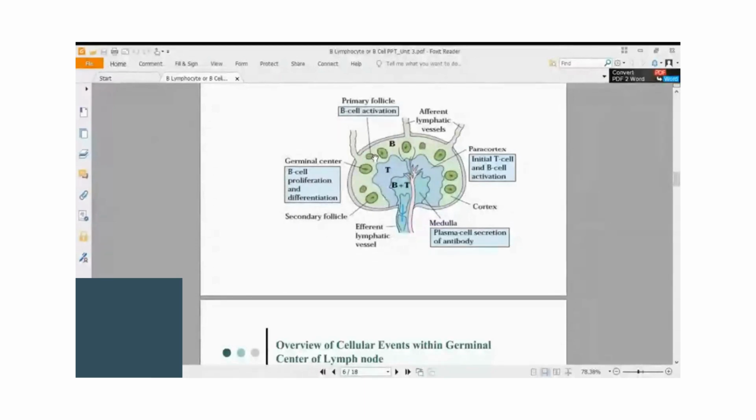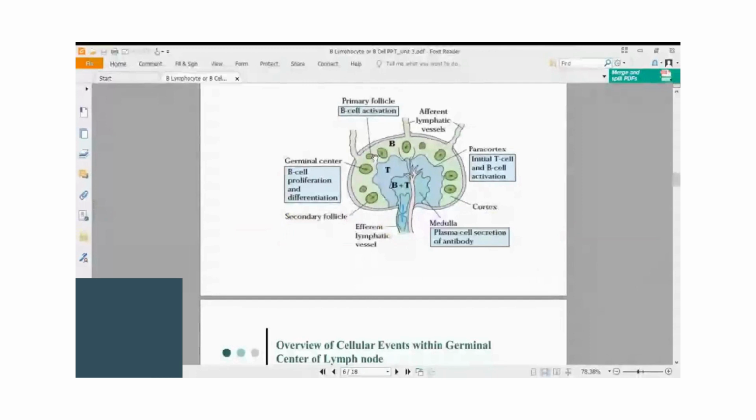And if the B lymphocyte does not show any interaction with the self antigen, it has a time duration of a week to survive, 1 week. Those B lymphocytes that establish contact with self antigen are eliminated by apoptosis, which is called programmed cell death.